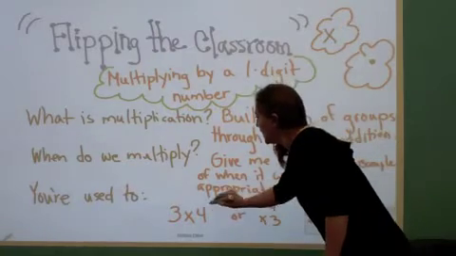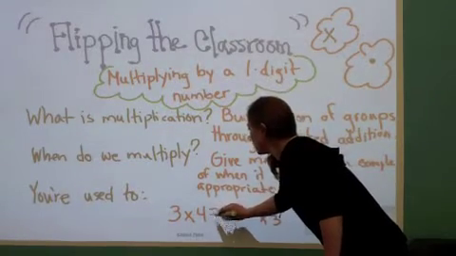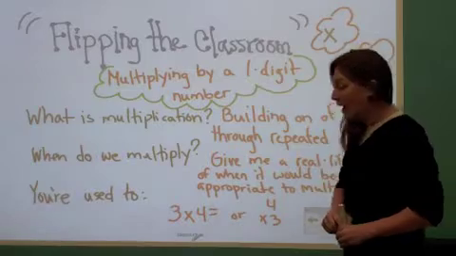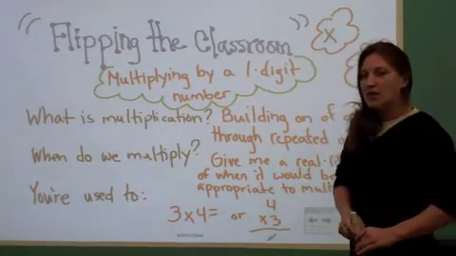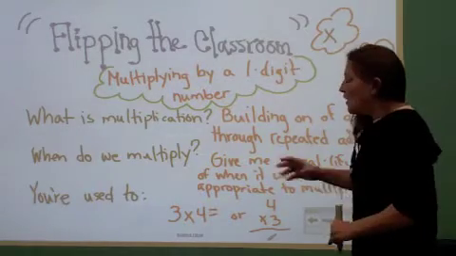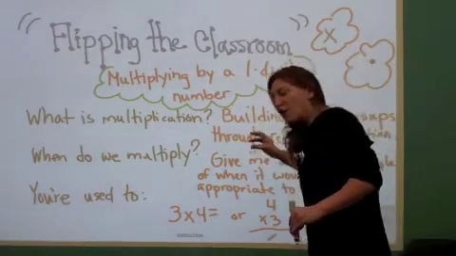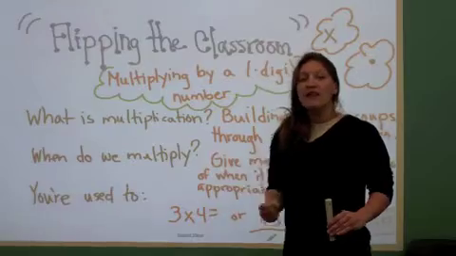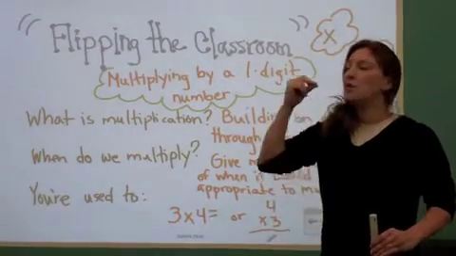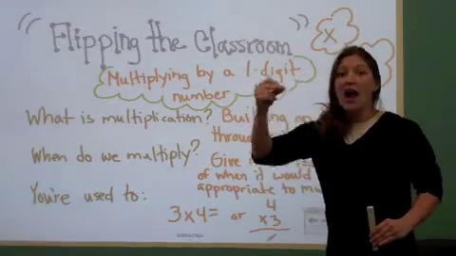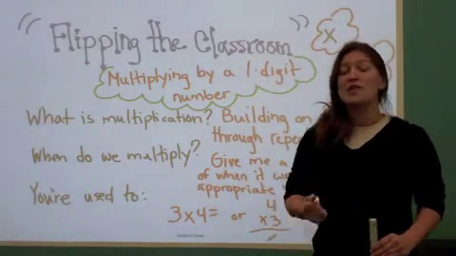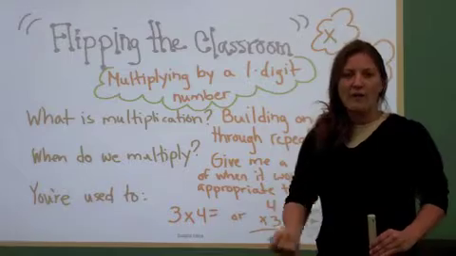And we have our equal signs that look like this if it's going left to right, and our equal sign looking like this if it's top to bottom. These are simple facts that we should have memorized and we should be able to move quickly through. So if I'm looking at 3 times 4, I should be able to tell you that 3 times 4 is equal to 12, and it should be a quick fact.